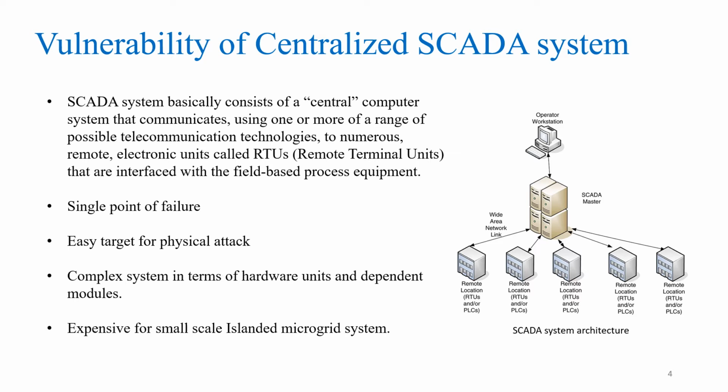It is expensive for a small scale islanded microgrid system, because nowadays if we want to connect renewable energy sources to develop an isolated microgrid system, and at the same time we want to control it using such a centralized or decentralized monitoring system, we cannot just apply the SCADA system because it also brings up a lot of cost for the system.